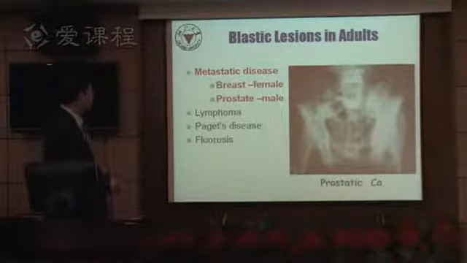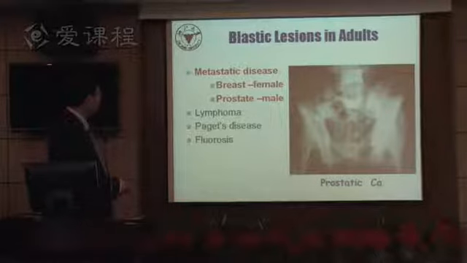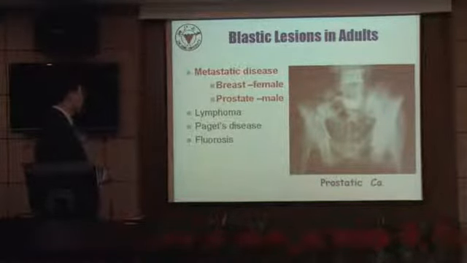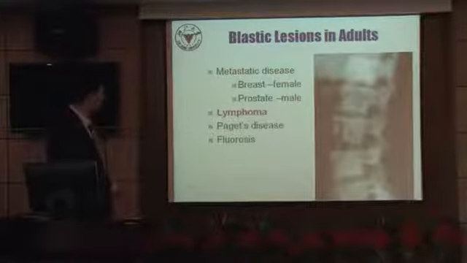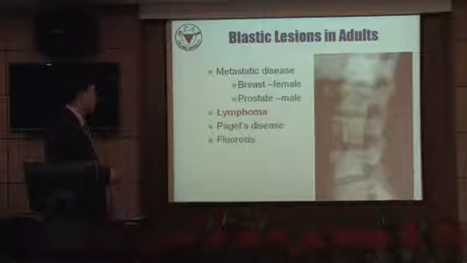It shows the blastic lesion in an adult, and in the pelvis you see highlights here and here, and that was prostate carcinoma. And this picture shows another blastic lesion in adults. And this blastic lesion here is also a lymphoma.